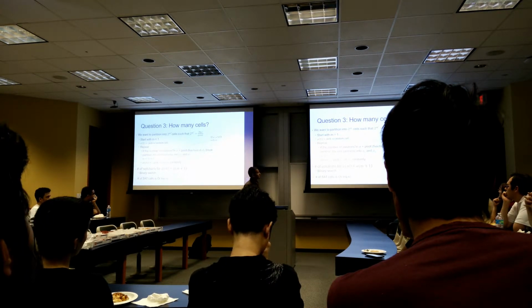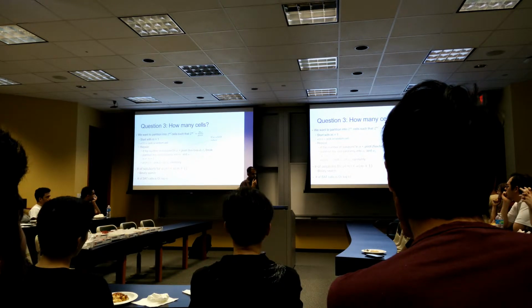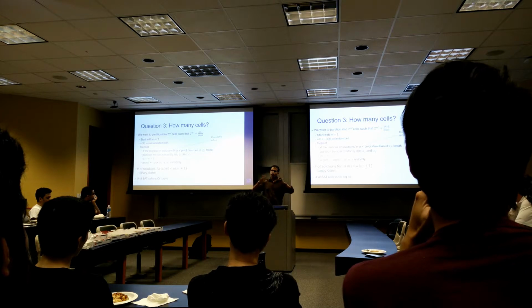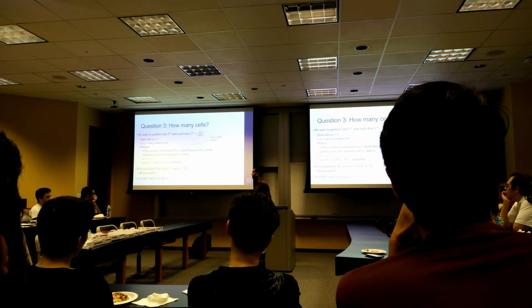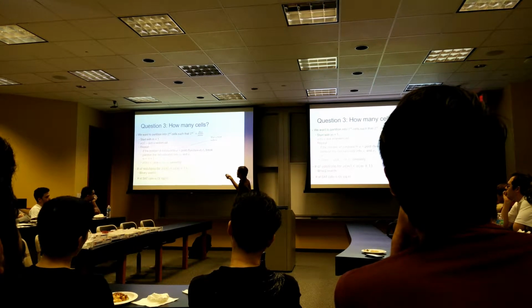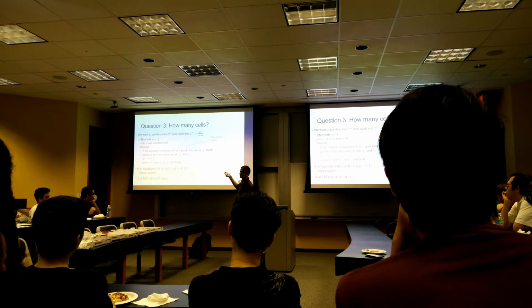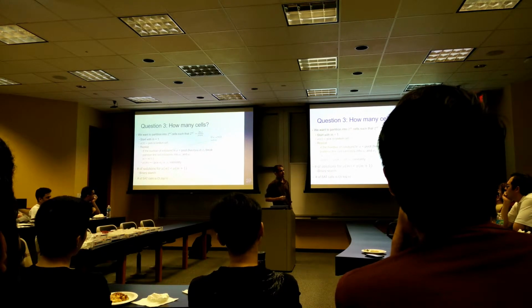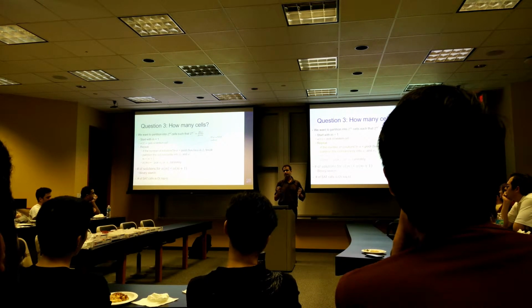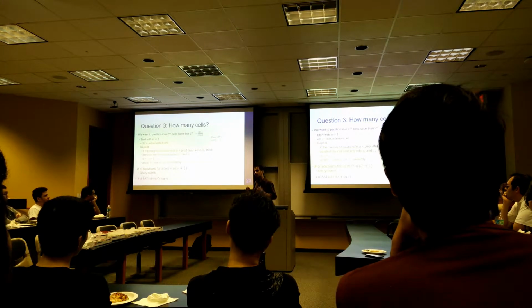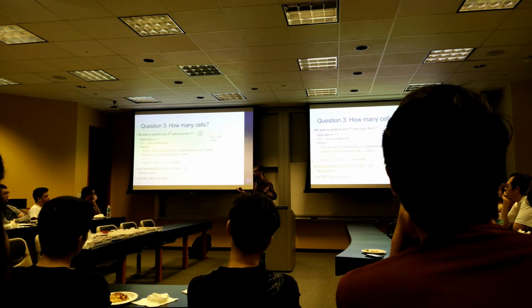Finally, how many cells do we want to partition into? Well, ideally we want to partition so that all the cells have roughly pivot number of solutions. But that requires us to know RF. Suppose you have two solutions and you want to partition so that all the cells have one solution each. Then you should partition into two cells, right?